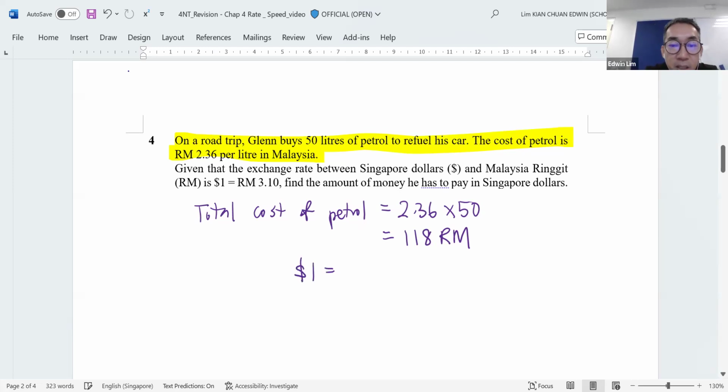It will be easier. So Singapore dollars equals 3.1 ringgit. So 118 ringgit here. From 3.1 to become 118, I will use 118, the big number, over the small number.